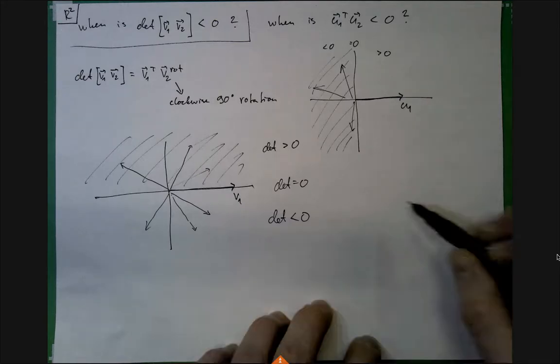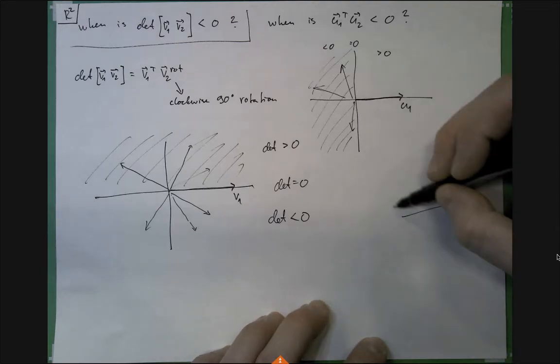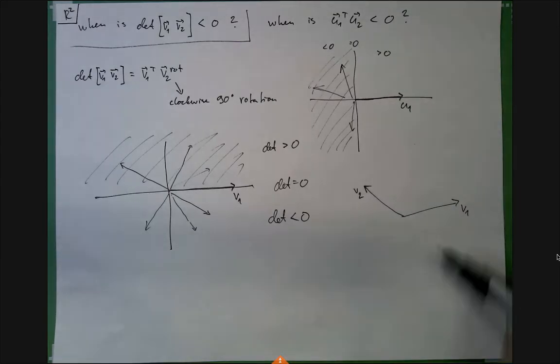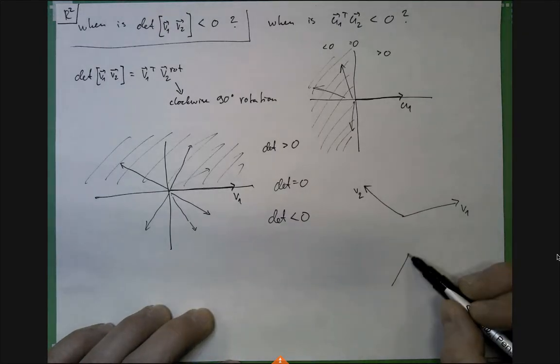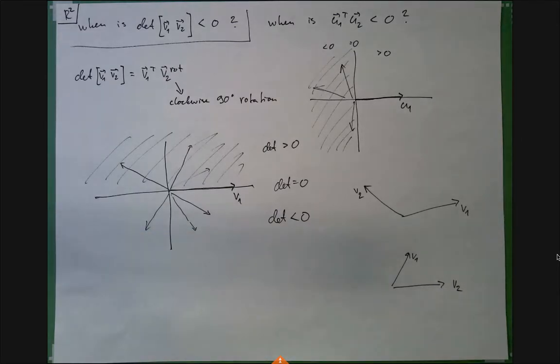So let's take a look at it. Let's say this is my v1, this is my v2. Positive or negative? Positive, right? If I do v2 and v1, is it positive or negative?